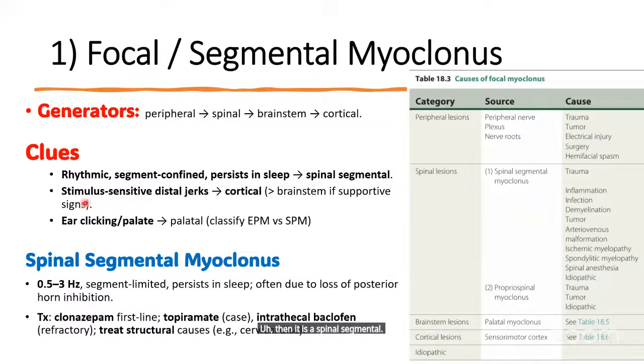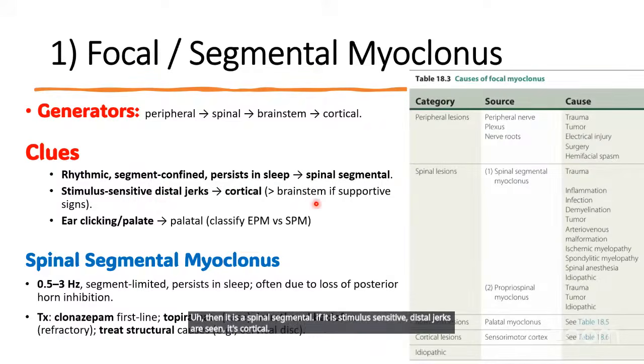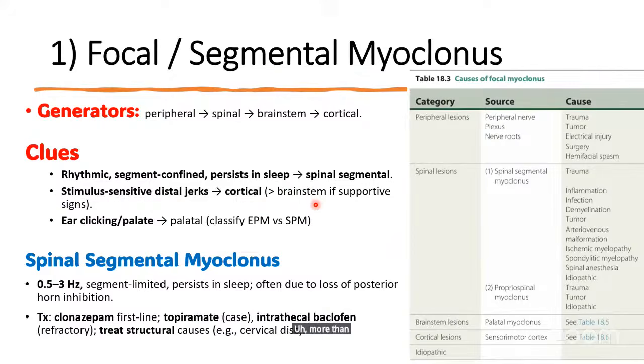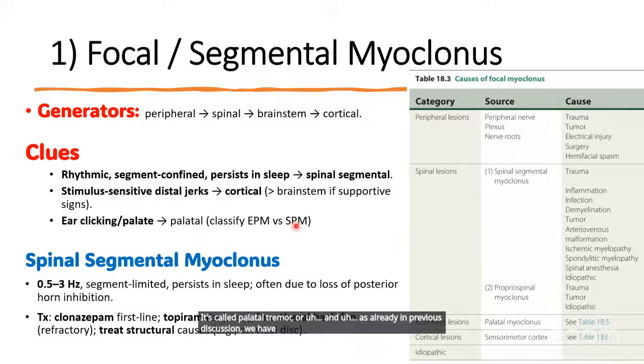If it is stimulus sensitive with distal jerks, it's cortical. Brainstem can also be stimulus sensitive, but cortical is more common. Another one is ear clicking or palate, called palatal tremor, and as discussed previously, essential and symptomatic palatal myoclonus.